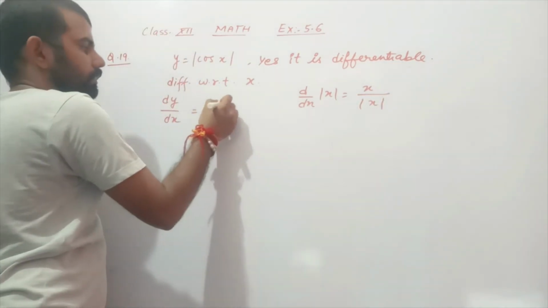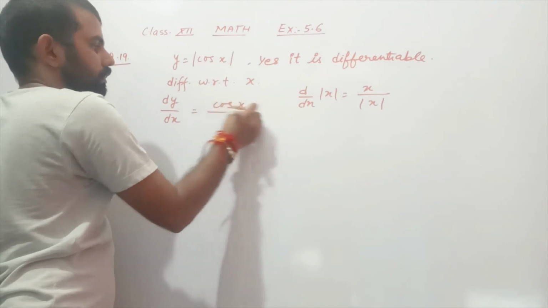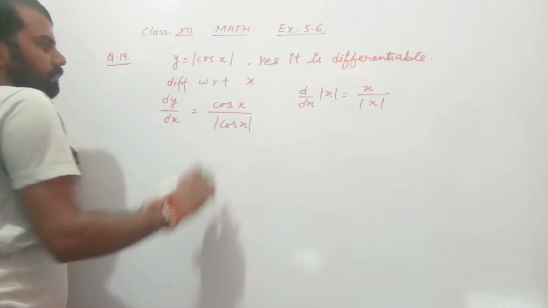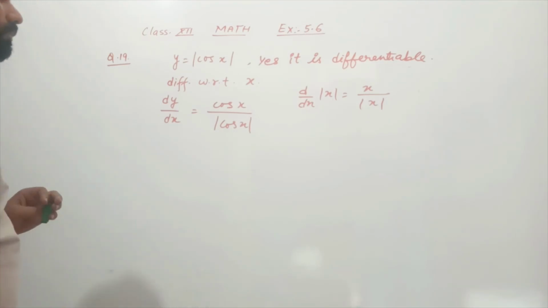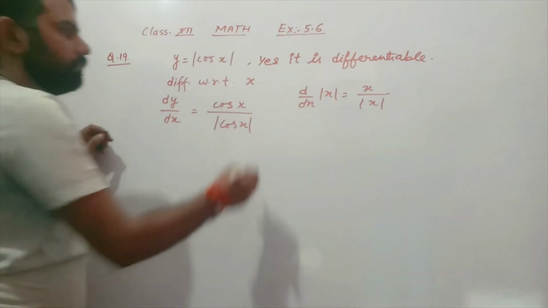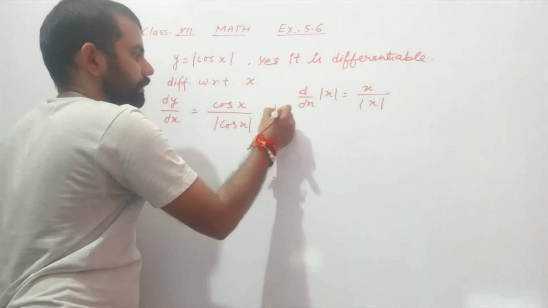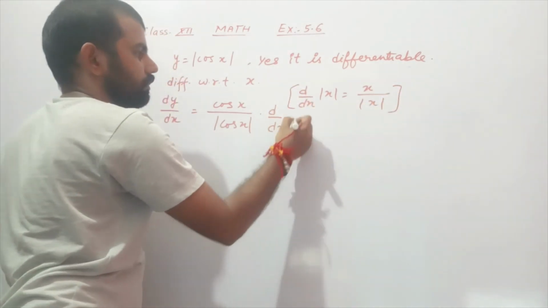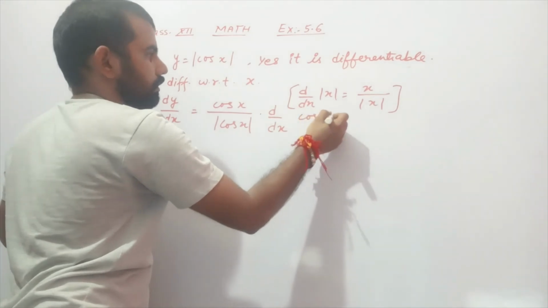So it will be cos x upon modulus of cos x into d by dx of cos x.